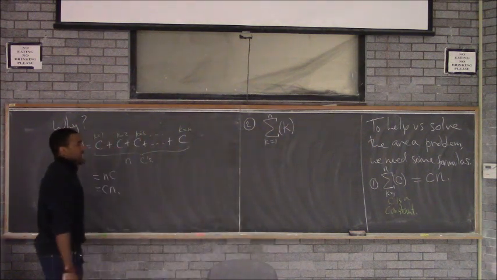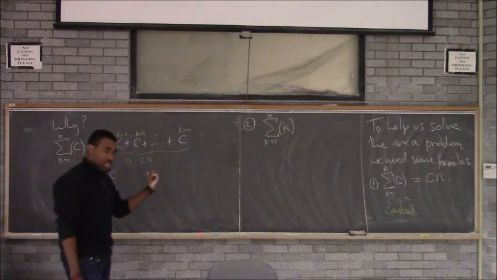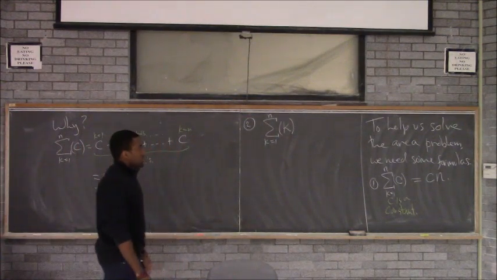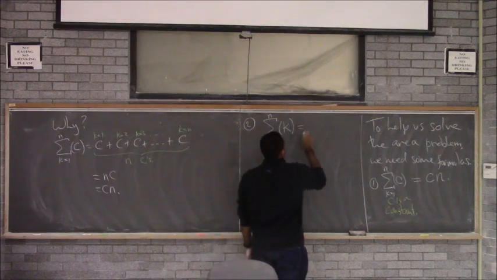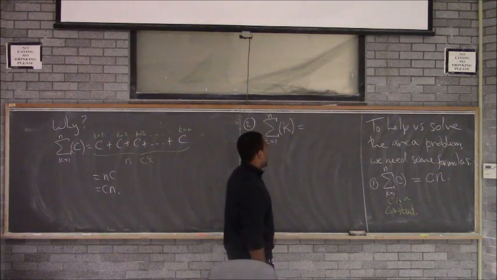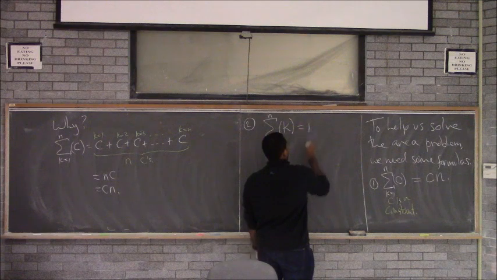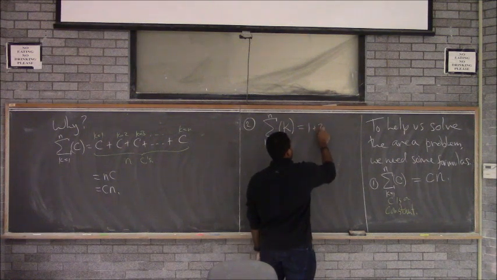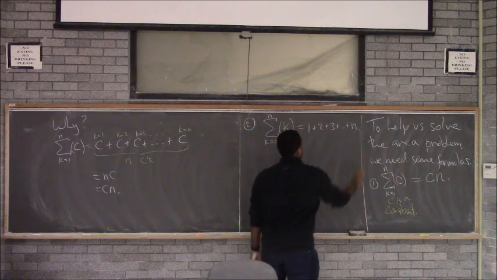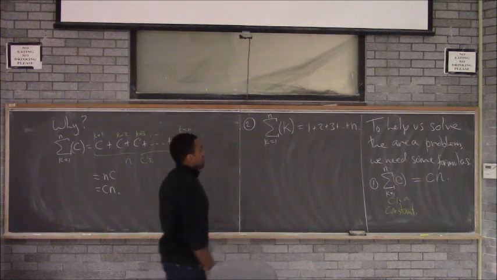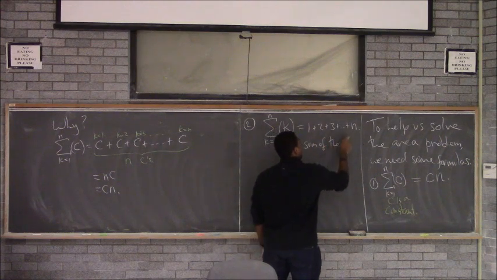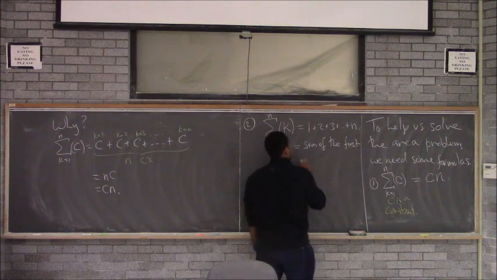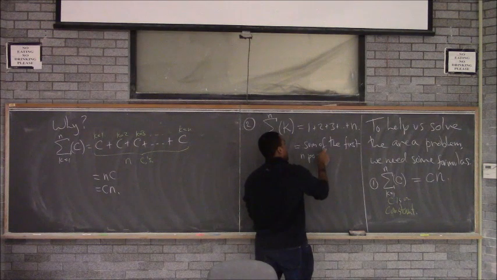So if a_k is equal to k, much like the sequence that I mentioned earlier, when we're at k equals 1, a_k is 1. K equals 2, a_k is 2. K equals 3, a_k is 3. K equals 4. We add this up until we hit n. In other words, this is equal to the sum of the first n positive integers.